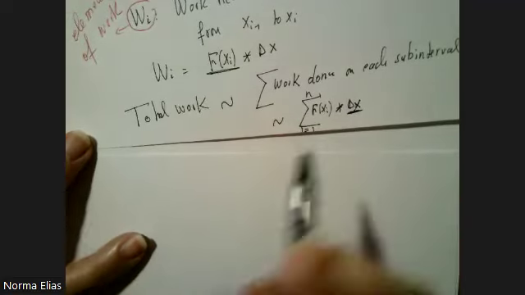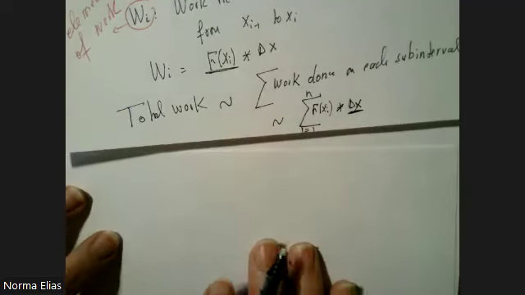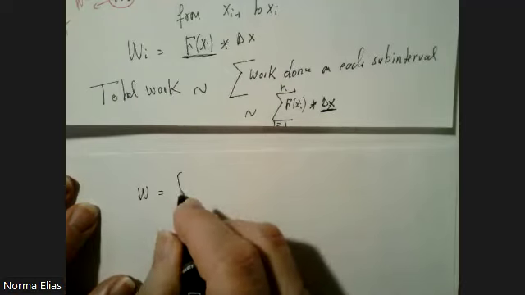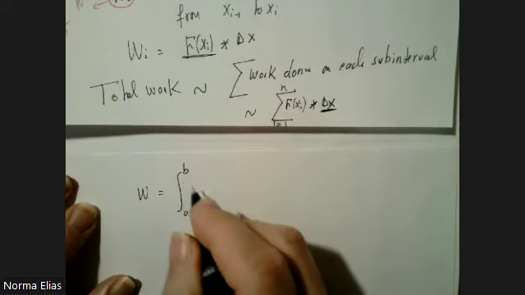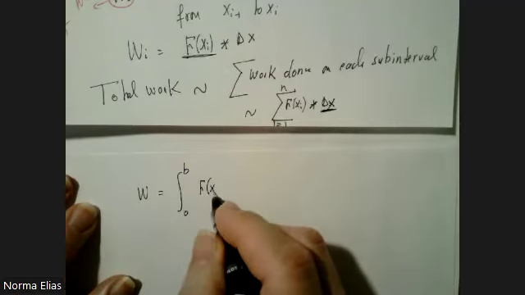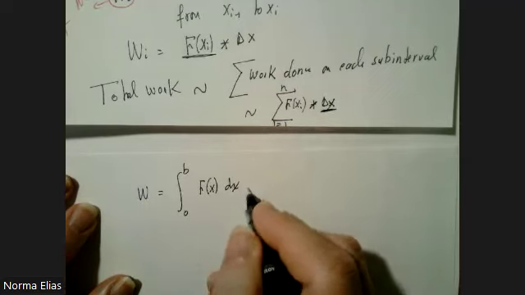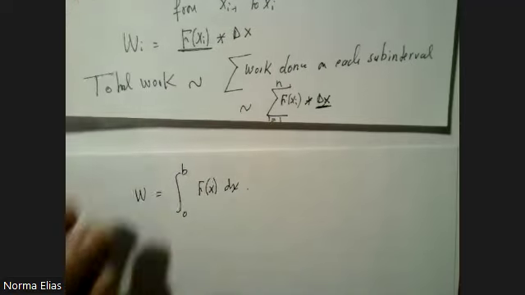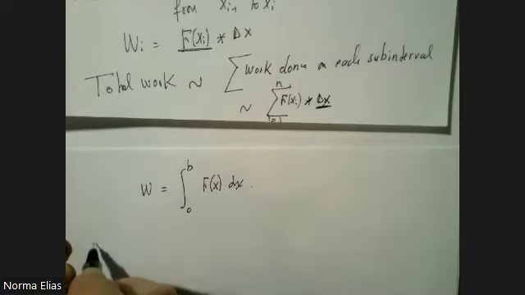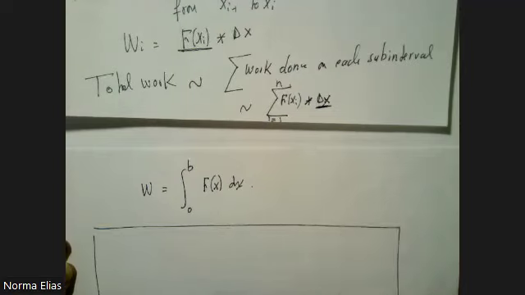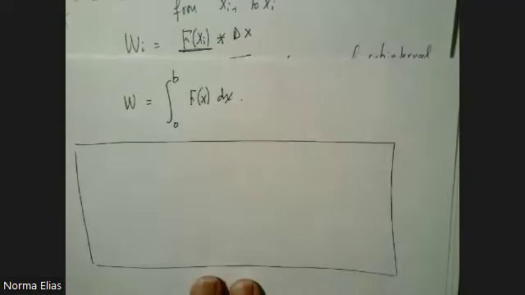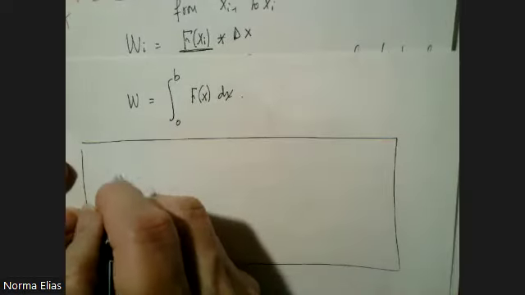So now the work becomes the integral from 0 to b of the force f of x times dx. That's how the integral comes up. So now we have the formula for the work. The work done.